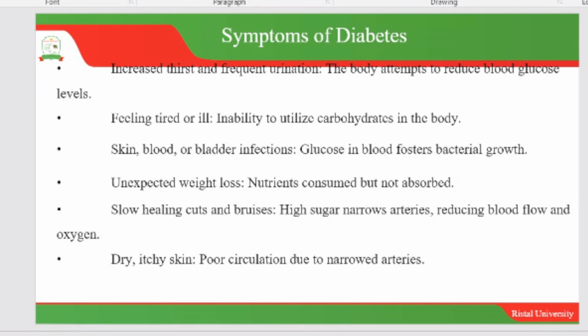So as a result, the wound will not be getting enough blood and also enough oxygen, so it takes long to heal. There's also dry, itchy skin. Poor circulation due to narrowed arteries leads to this dry and itchy skin.